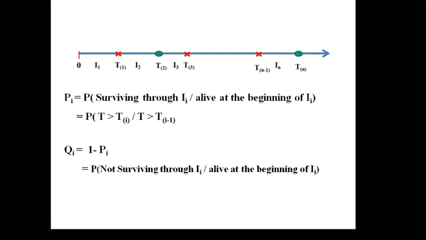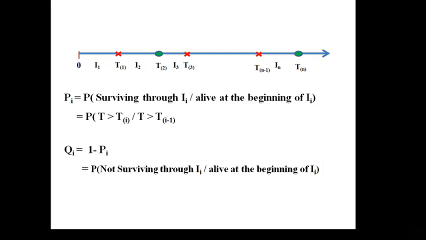Here we have denoted t bracketed 1 by a cross and t bracketed 2 by a filled circle. The cross means that the observation is censored. So the first observation, at t bracketed 1, is a censored observation. The concerned unit has not died at that time point, but it got censored at that specific time. If we consider t bracketed 2, this is the time at which the concerned individual has died. So t bracketed 2 is the actual reading of failure time.